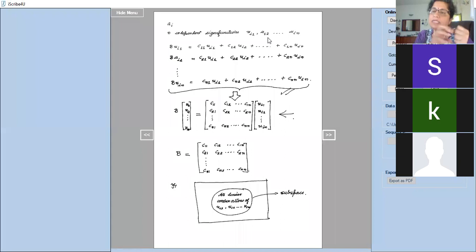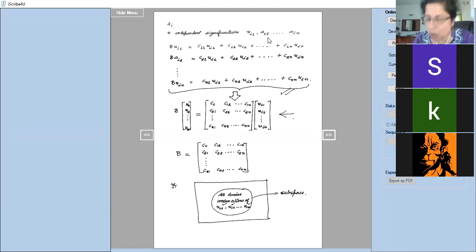Now you take out these n linearly independent vectors, ui1, ui2 up to uin. All linear combinations of these will form a subspace. Has everybody understood this concept that it will form a subspace? Okay, now let's pick up one of these from the subspace.